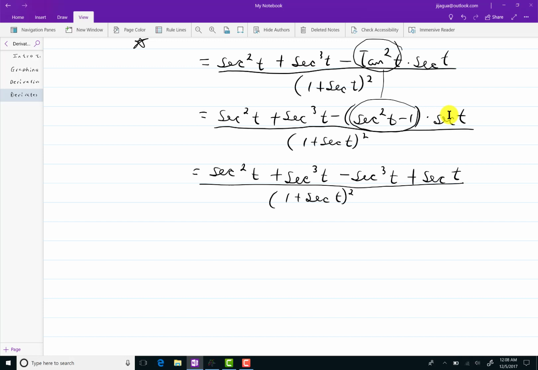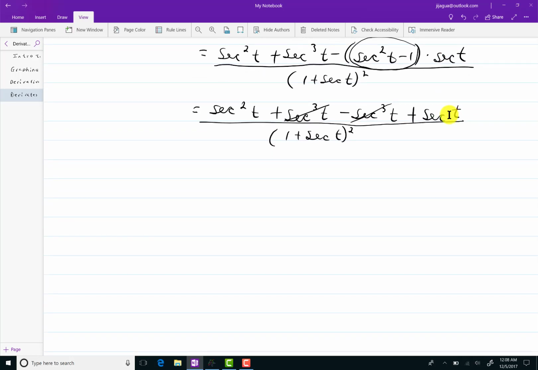So the secant cubes cancel out. Oh, look how cute. I can take out a secant t from what's left over, and I'll have secant t times secant of t plus 1. So I took secant from secant squared, left me with a secant t, and then the secant, when I took it away, left me with 1.